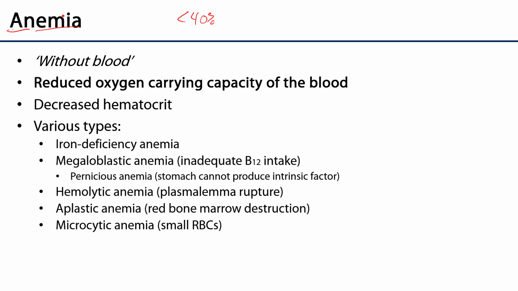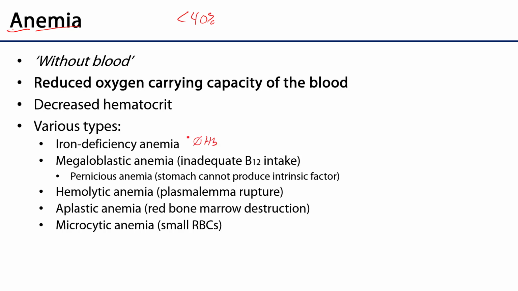A big one would be decreased hematocrit. And this is the most efficient way of saying anemia. And we can arrive here through different ways, and I don't much care that you absorb the details. I just want to list a few types just to show you there are various ways of achieving anemia beyond hemorrhage. So iron deficiency anemia, so you can't make as much hemoglobin as you would need.